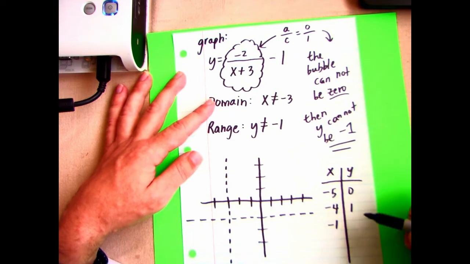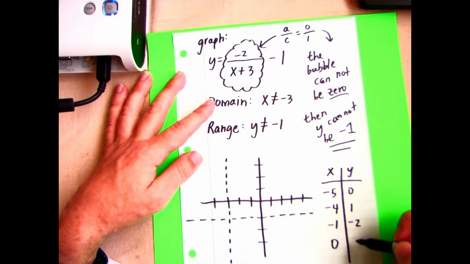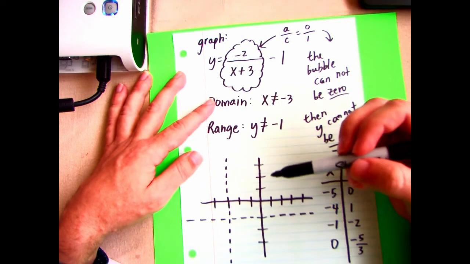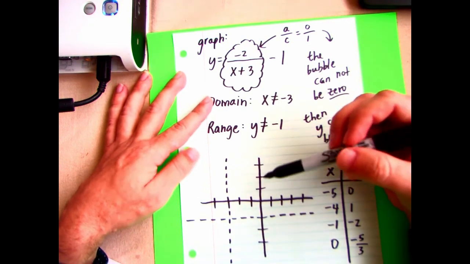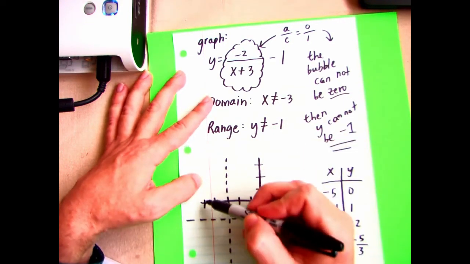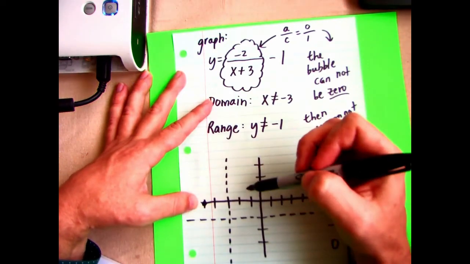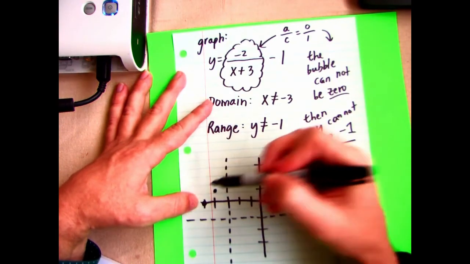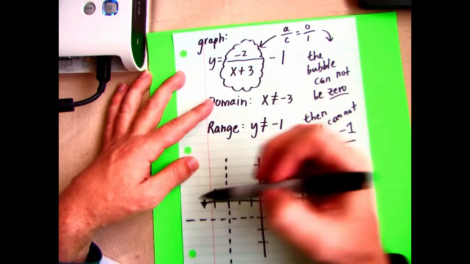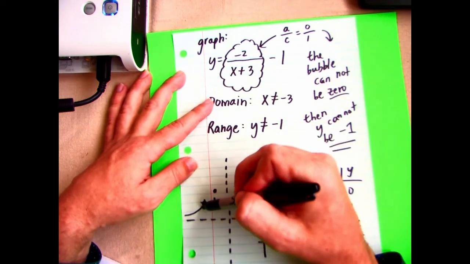When x is negative 1, y is negative 2. And when x is 0, y is negative 5/3. And you can check those points on your own if you need a little bit more time. I went through kind of fast just to give us a graph pretty fast.